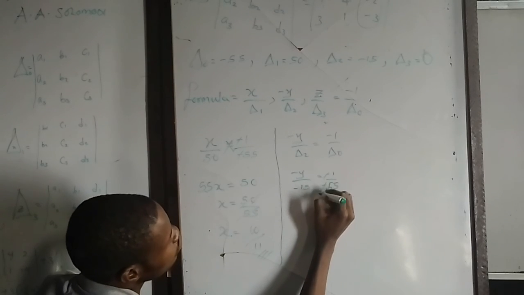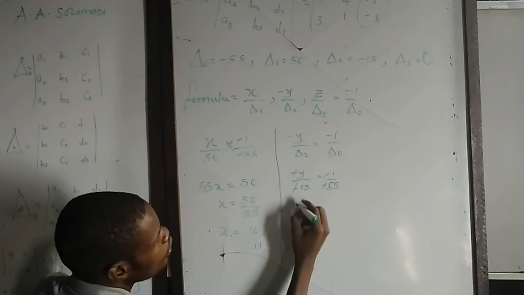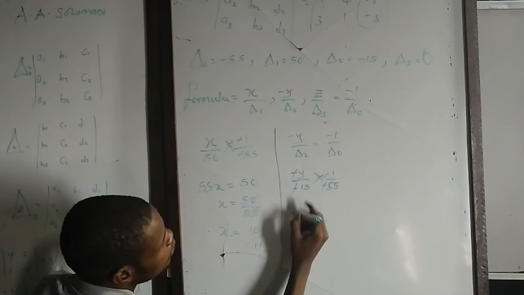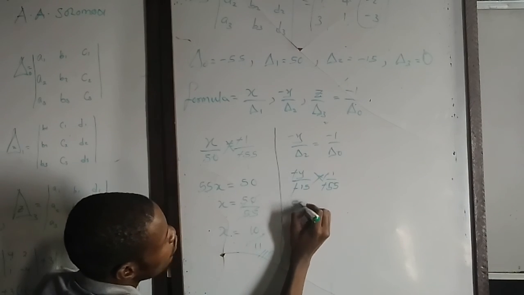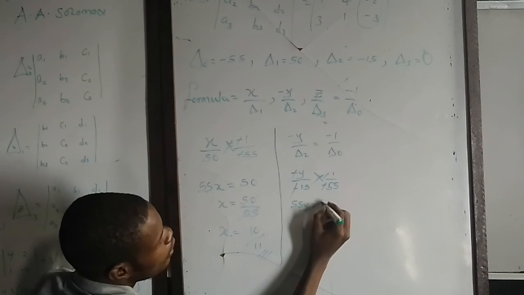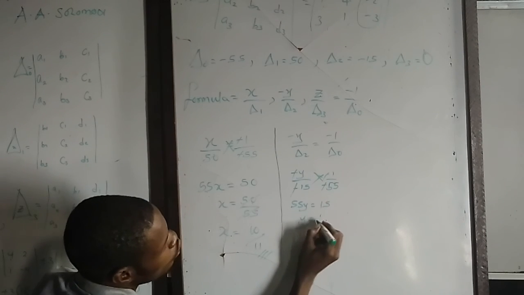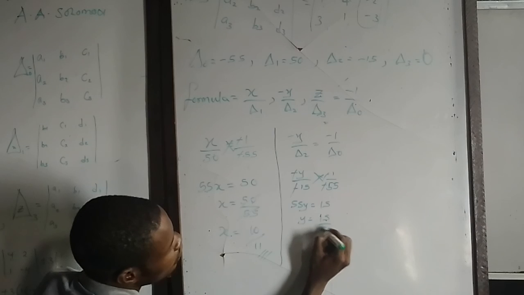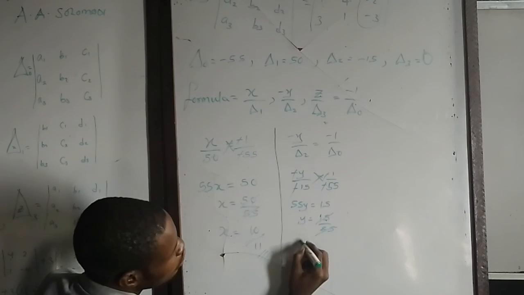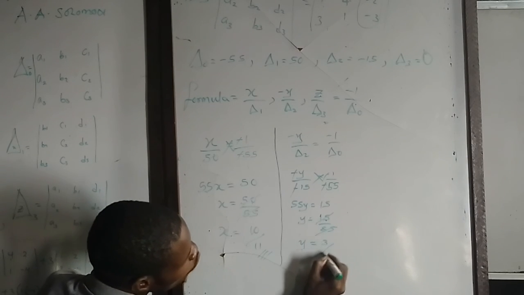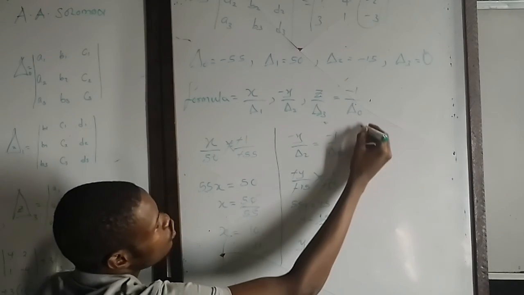So minus cancel minus, minus cancel minus. So we are going to have, we cross multiply. So we are going to have 55y equals to 15. So y equals to 15 over 55. So 5 here, 5 here. So y is equals to what? 3 over what? 11.